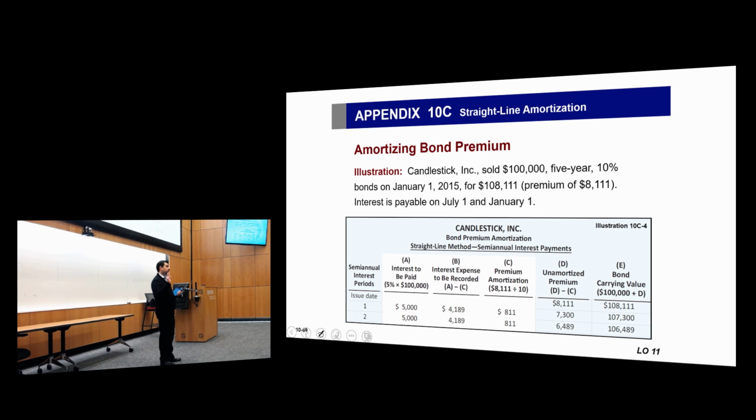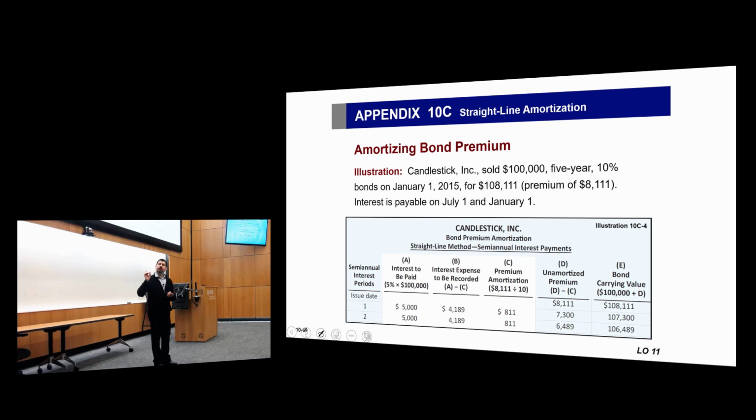It is the amount that will be paid minus the amortization of premium. Once again, we subtract the amortization of premium from the unamortized premium. That will give us a new unamortized premium, and this is the new unamortized premium that will be added to face value.